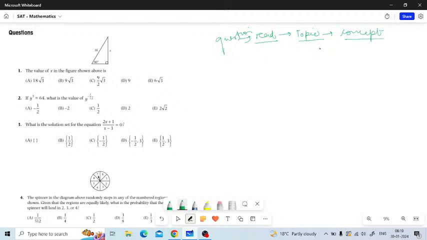This is all about how to tackle the questions. Now the strategy for tackling the questions is well understood. Now let's solve some problems related to this, right?